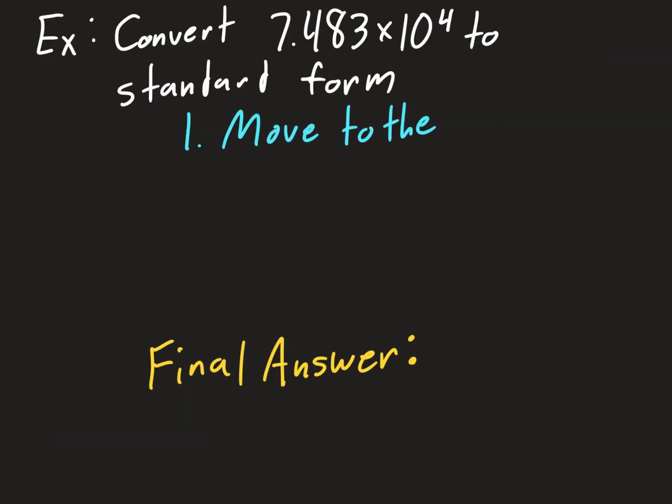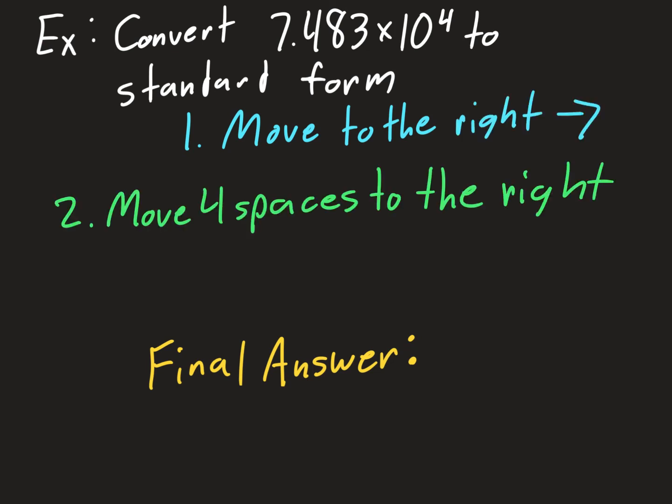Now let's convert the number 7.483 times 10 to the 4th to standard form. Since the exponent is +4, we're going to move to the right, and we're going to move 4 spaces to the right. So let's move it over 1, 2, 3, 4.